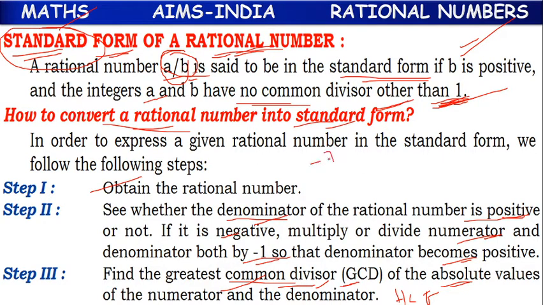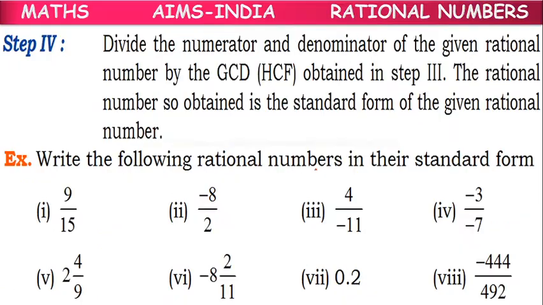If I have -72 by 960, I have to find the HCF for absolute values. Absolute values means always positive. Minus we should not consider. Next, we have to divide both numerator and denominator by their GCD or HCF, like we have done in lowest form.